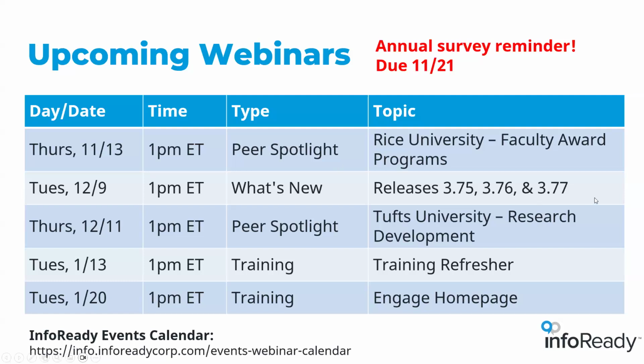We've got new functionality, some RD stuff from Tufts, and our classic refreshers in January, as well as a newer option of the Engage homepage. So we're busy, you're busy, and we thank you for taking the time.